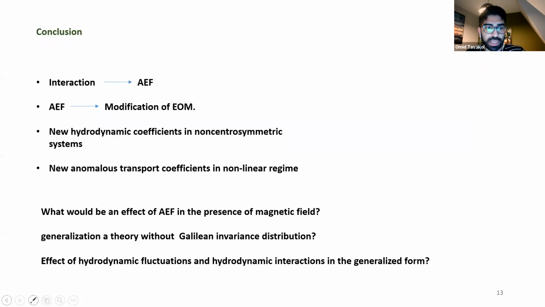And also you can generalize this theory without considering the Galilean invariance. By doing that, you should deal with some hydrodynamic fluctuation and hydrodynamic interactions in your system, which maybe would be interesting.